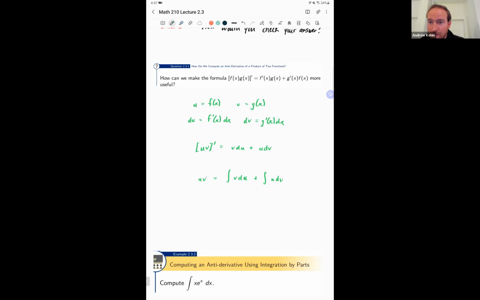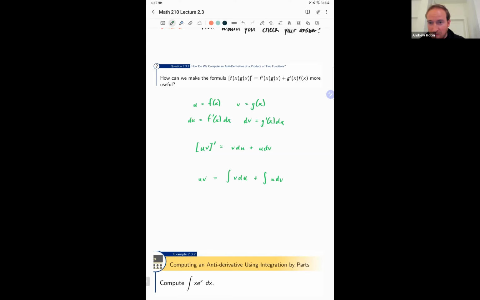How is that useful? Well, in this form, this looks even more complicated, or maybe it looks as complicated as we had it before. So how is this going to help us? Well, let's suppose that we can stare at some integral problem, and there's actually one right at the bottom of the screen right now that we'll work on in a moment.